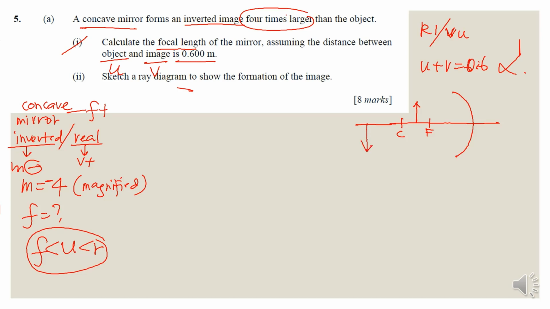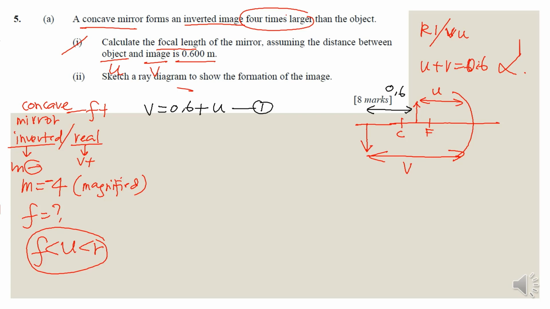Dekat sini adalah U kita, sini adalah V kita, dan dekat sini adalah 0.6 kita. Daripada sini kita boleh produce satu equation iaitu V equal to 0.6 tambah dengan U. Ini adalah equation yang pertama.